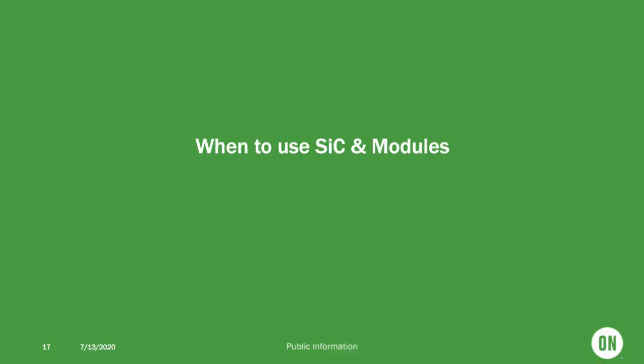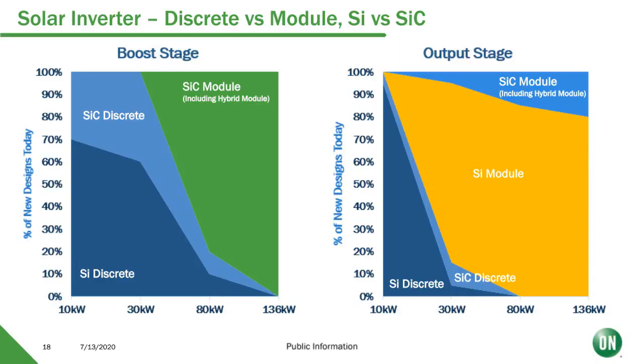Now, when to use silicon carbide and modules themselves, again, we'll take a deep look at the solar inverter, looking at the two different main stages of a solar inverter, the boost stage and the output stage. First, looking at the boost stage, you can see silicon discrete, and I would say mainly IGBTs here, dominate the, I would say, 10 to 30 kilowatt range of the market.